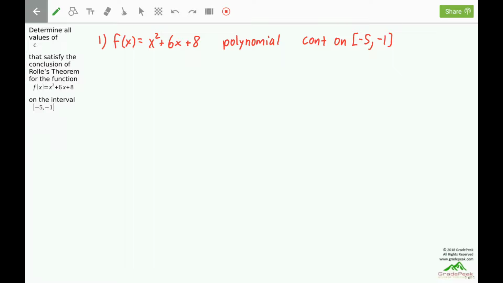Closed means that it includes both endpoints, indicated by the square brackets on both endpoints. Condition 1 is met.